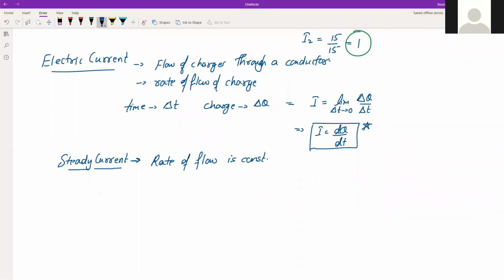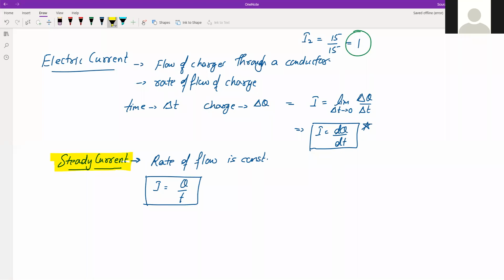Here I can write it just like q by t. So that is for steady current. So that is rate of flow of charge or current.